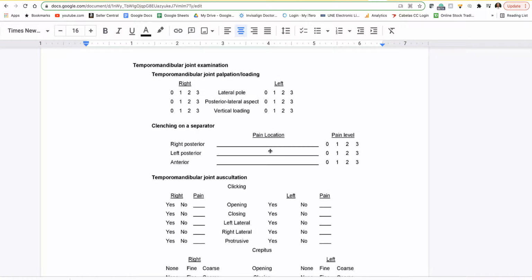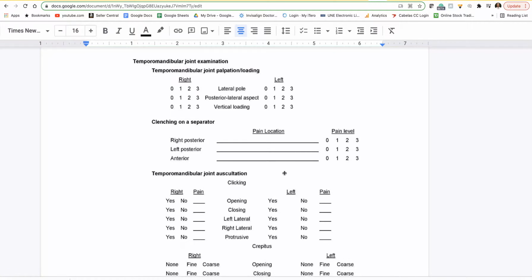I say non-referred, it definitely can refer, but you don't see trigger points per se, which are referral pain patterns, inside the joint if there's inflammation there. And of course, there's patients who have both. So it gets complex, but it's good to know how patients describe their pain and what that tells us.